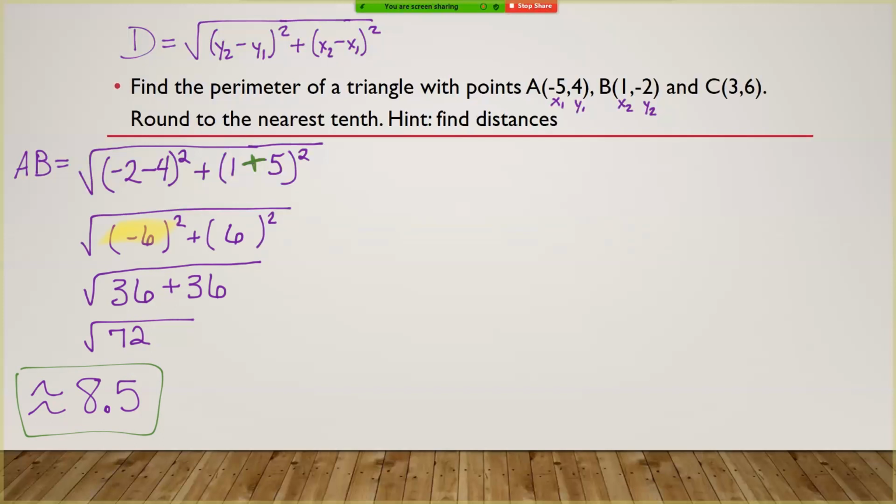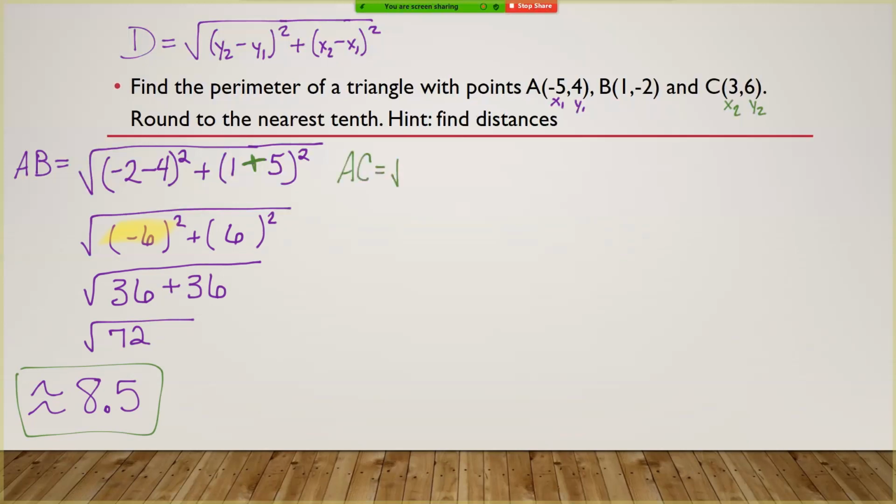Then we're going to go back and we're going to pick different points. So I'm just going to stick with A, and I'm going to label C, x2, y2 this time. So we're still going to keep point A as x1, y1, but now we're going to use x2, y2 for point C. So now I'm just going to label that I'm using AC.